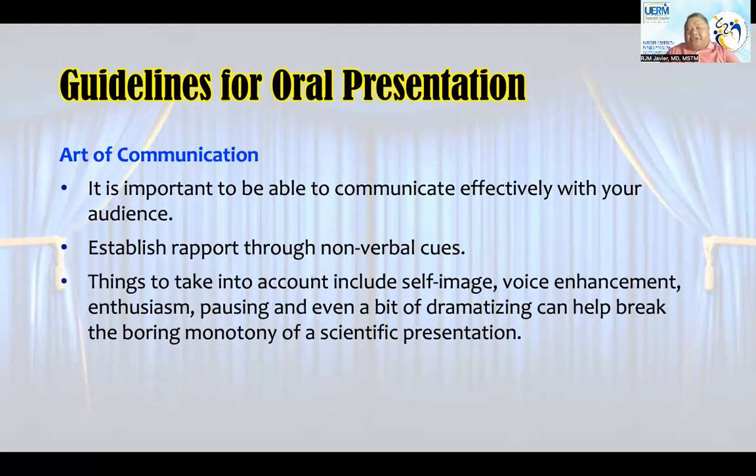Things to take into consideration will be your self-image, your voice enhancement. Sometimes not just the volume, but the timbre of your voice will also make it effective when you modulate your voice. There are instances wherein you want your voice to be heard very loudly, or sometimes it's effective that you whisper every so often.